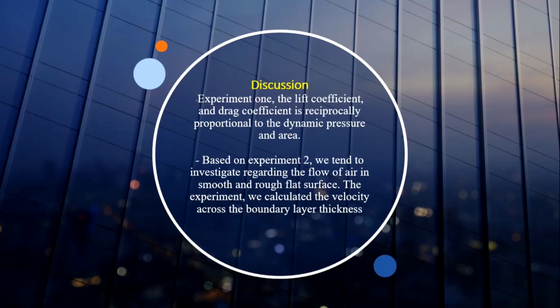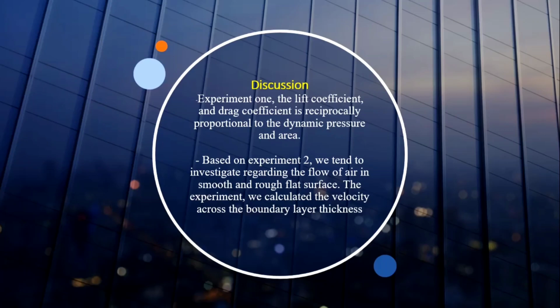The manometer height decreases because the boundary layer thickness increases. This explains that the dynamic pressure increases across the boundary layer thickness because the difference between the initial height and the measured height increases.